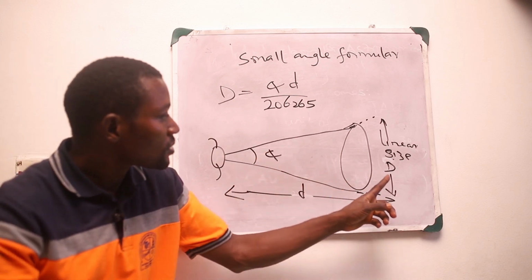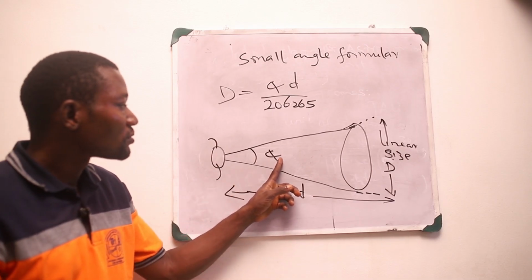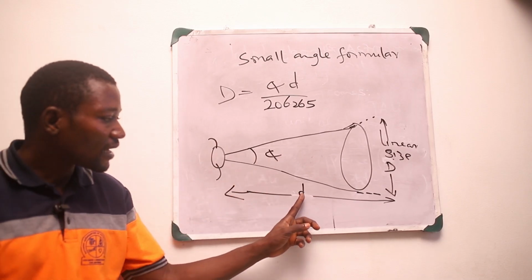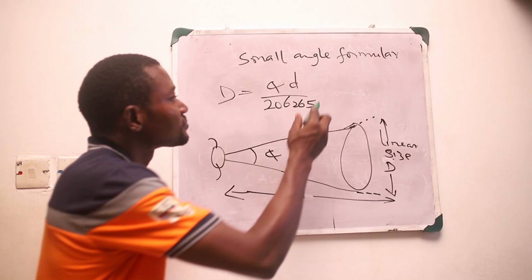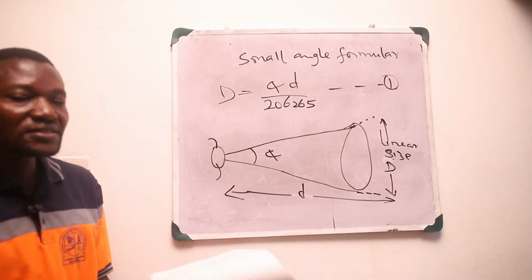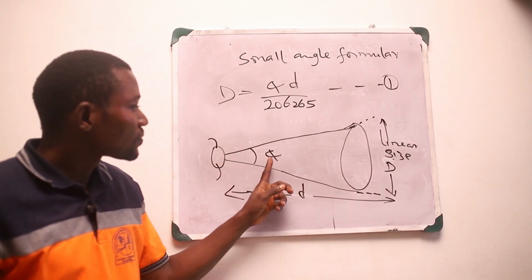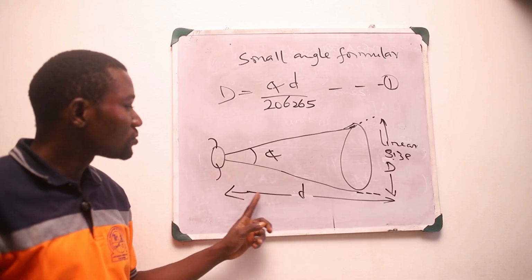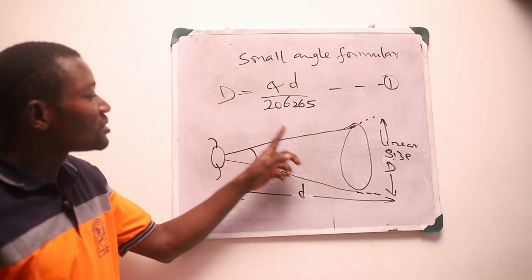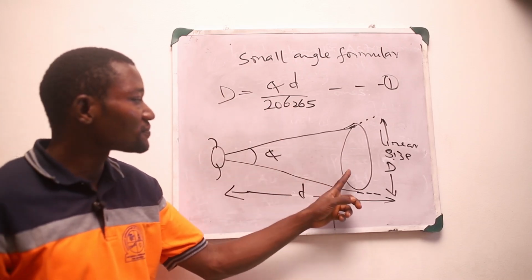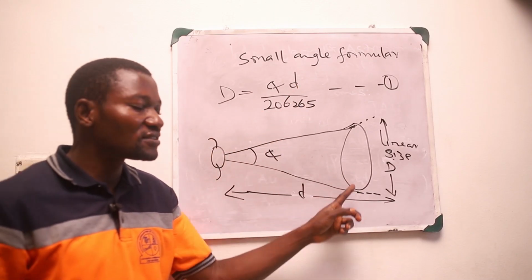So we have an object of diameter d, viewed at an angle phi, and at a distance from the object d. So we have an expression that the diameter of the object viewed is equal to the angle times the distance over this given value, meaning the diameter increases as the angle increases. The diameter also increases as the distance increases.